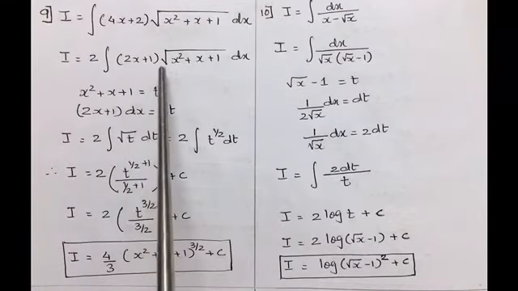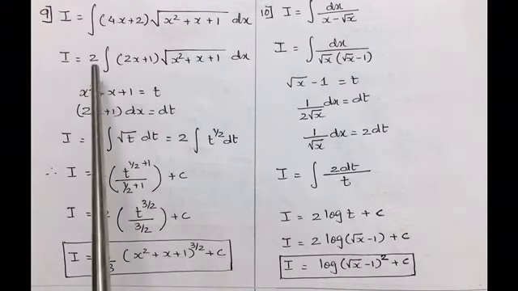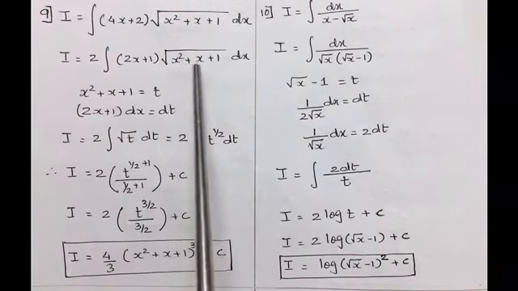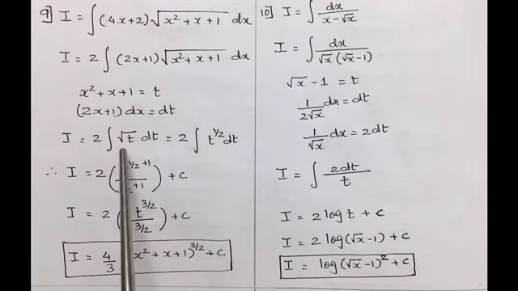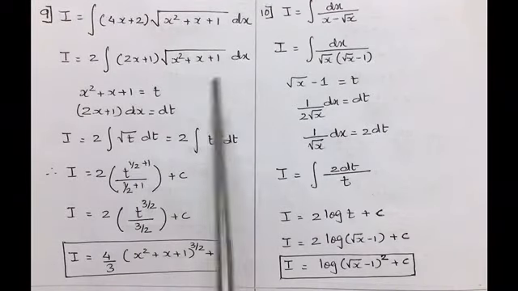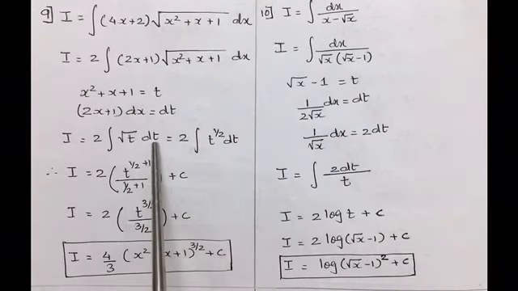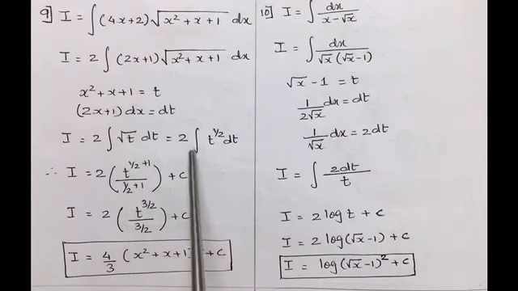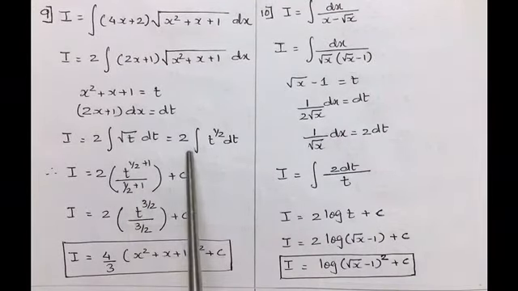Now keeping it in the places, 2 remains as it is. In the place of x square plus x plus 1, t is being kept, that is root t, and 2x plus 1 dx is replaced by dt. So the root is expressed as 2 integration t raised to half dt.